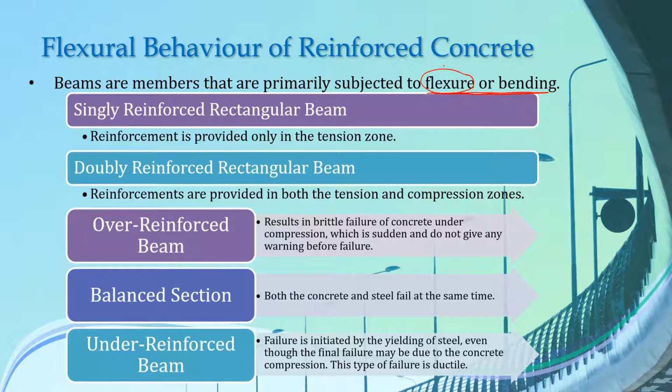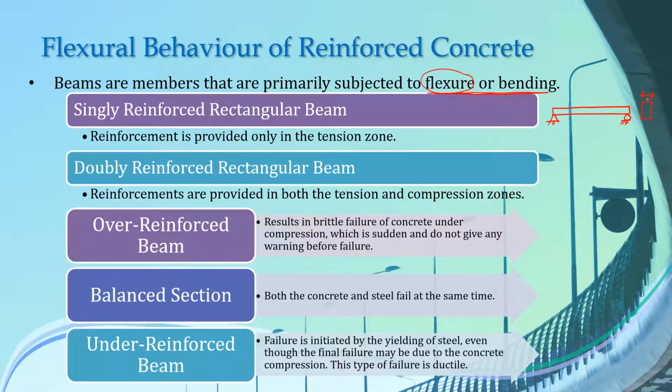So if we talk about a reinforced concrete beam, let me draw a diagram here. For example, let us suppose that we have a simply supported beam here, which section is represented by this diagram.